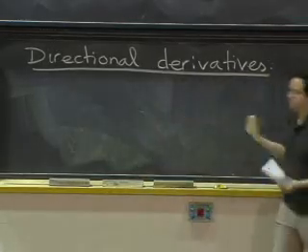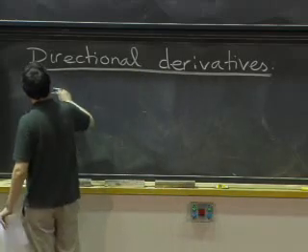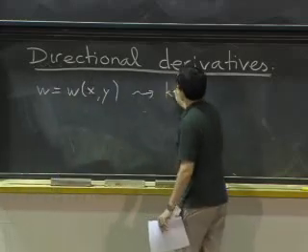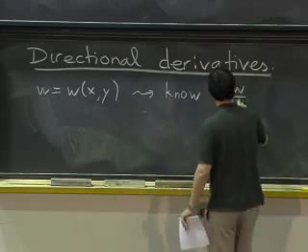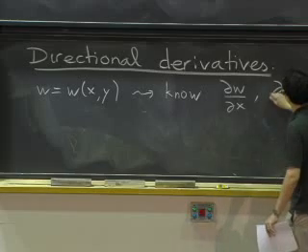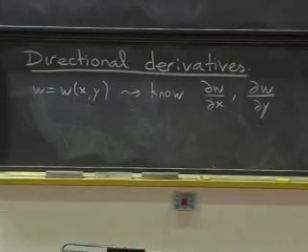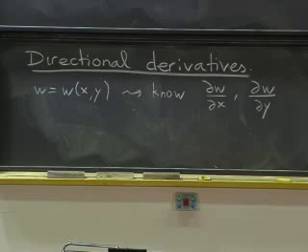OK, so let's say that we have a function of two variables, x and y. Well, we know how to compute partial w partial x or partial w over partial y, which measure how w changes if I move in the direction of the x-axis or in the direction of the y-axis. So what about moving in other directions?